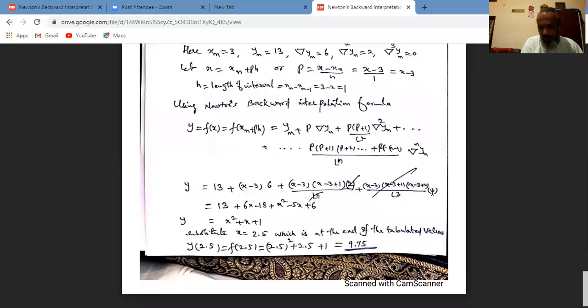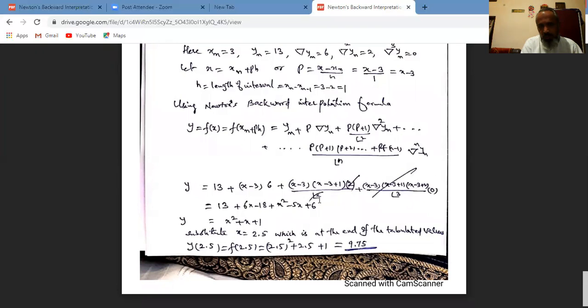After that we have no backward differences, so we stop the formula at nabla cube yn. Now the nabla cube yn value is 0, so this term will get cancelled. So we get y is equal to 13 plus (x minus 3) into 6, that is 6x minus 18.